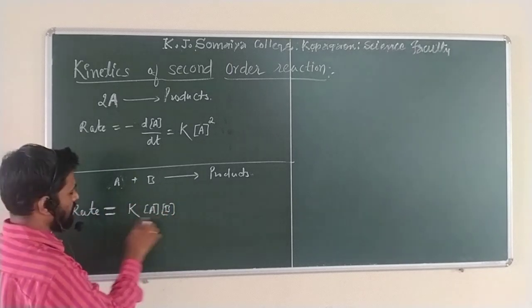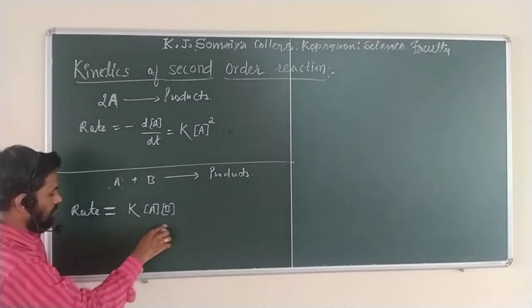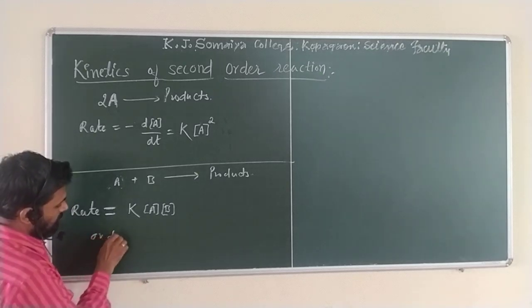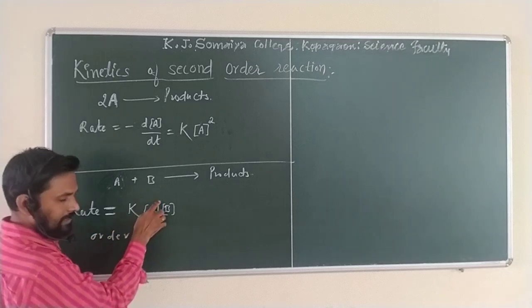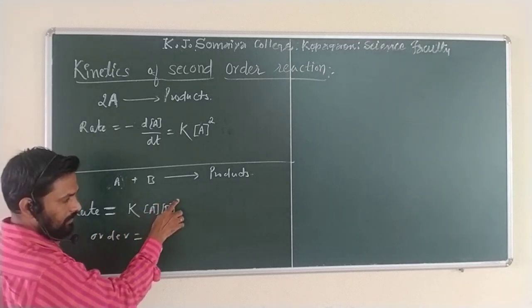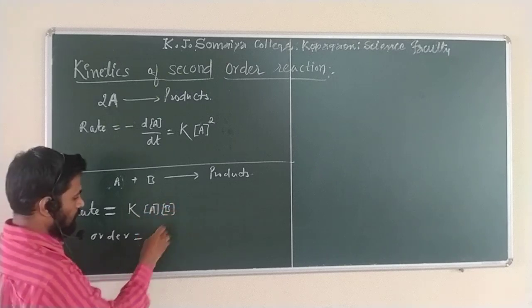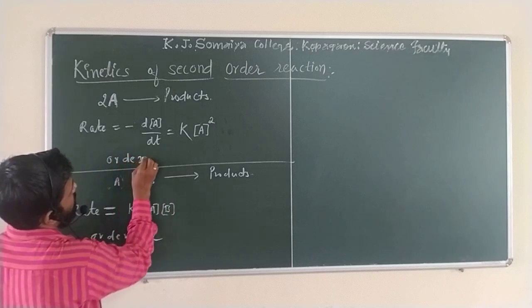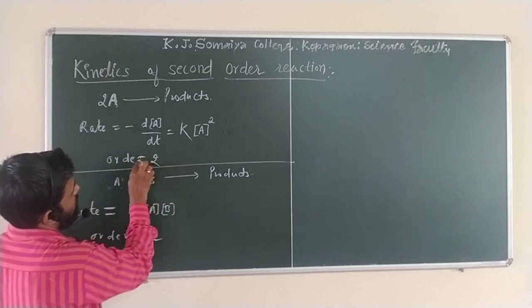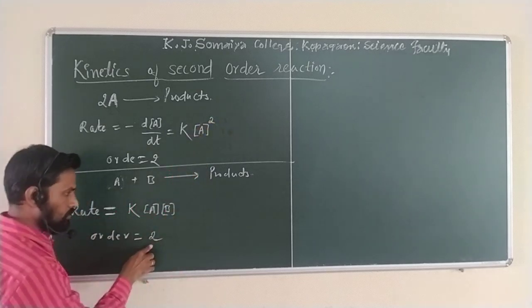Therefore these two concentrations are involved in the rate equation. So now we can find the order. The power here is 1, and here the power is 1. 1 plus 1, what will you get? You will get order 2. Here also you will get order 2, as we have seen, because here the power of concentration is 2, and here the power of concentration is also 2.